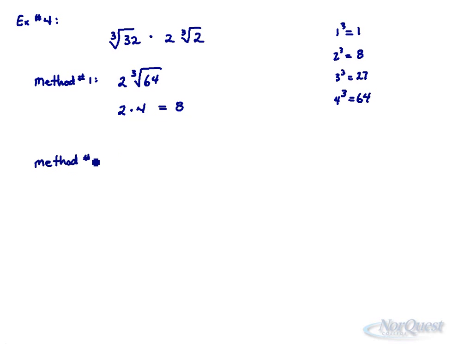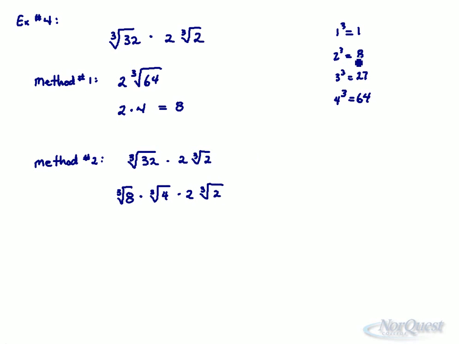The other way I was going to do this, and you'll notice that it won't really matter which method you choose. You could simplify first and then multiply. Cube root of 32 times 2 cube root 2 could also be simplified as cube root 8 times cube root 4 times 2 cube root 2.